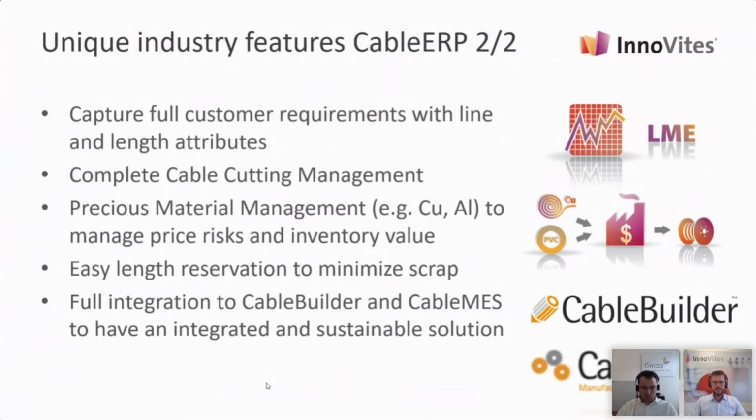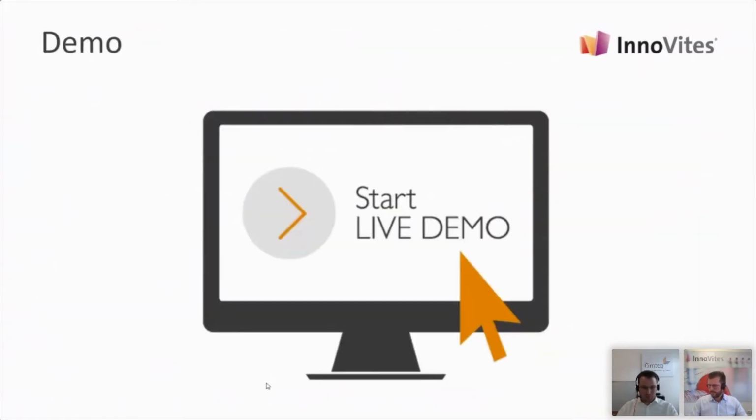There's a length reservation module to minimize scrap, and of course, today's main topic is the integration to Cable Builder and Cable MES. That's the brief overview from 30,000 feet. So let's go into the live demo.